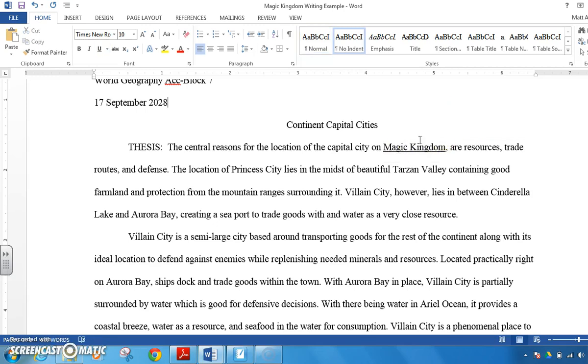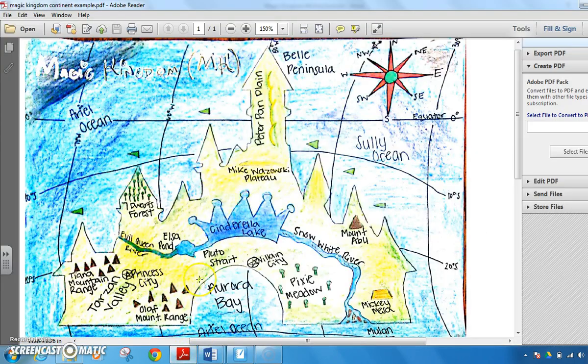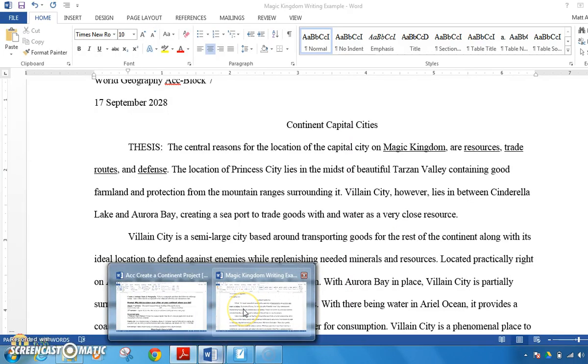So they've named their continent, are resources, boom, trade routes, boom, and defense, boom, right there. A very simple sentence. You copy it down word for word. This student named their continent, and then the 3 reasons for putting the locations of the cities are for resources, trade routes, and finally, defense.